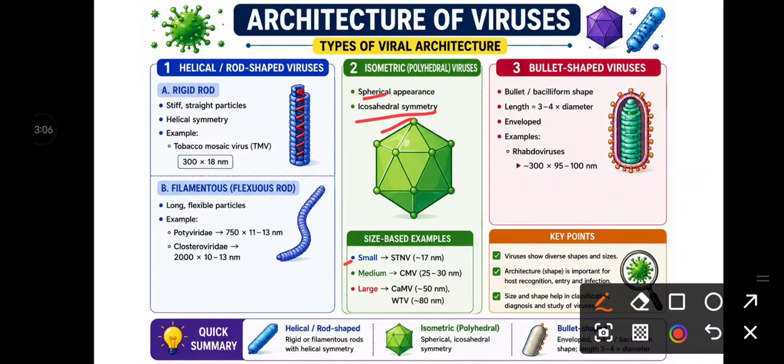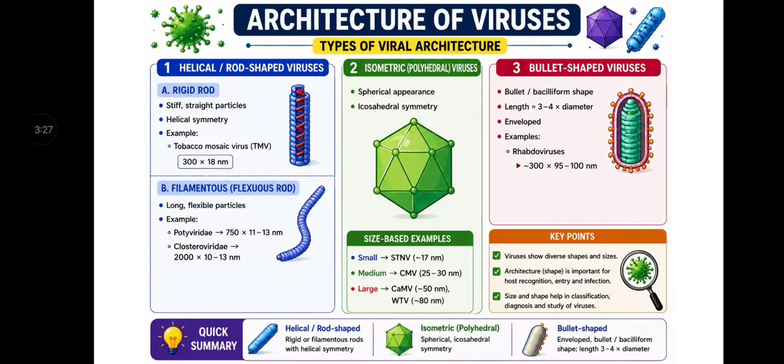Then a medium size isometric virus example is CMV, cucumber mosaic virus, size is 25 to 30 nm. Then a large spherical virus example is cauliflower mosaic virus, size around 50 nm, and wound tumor virus, size around 80 nm.